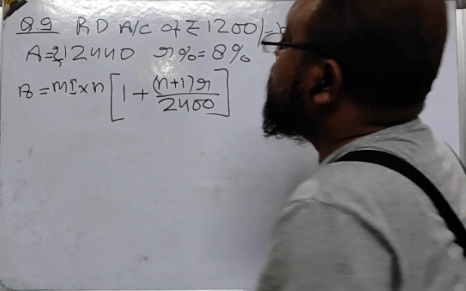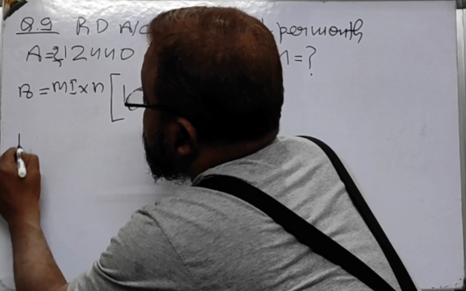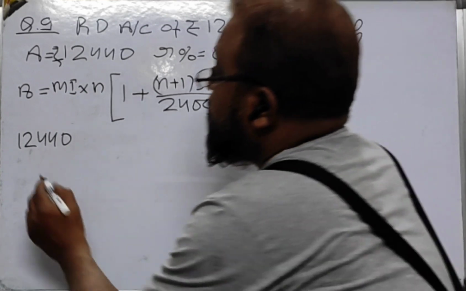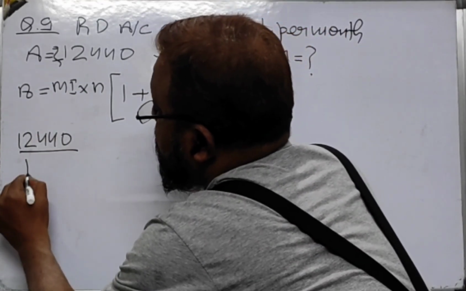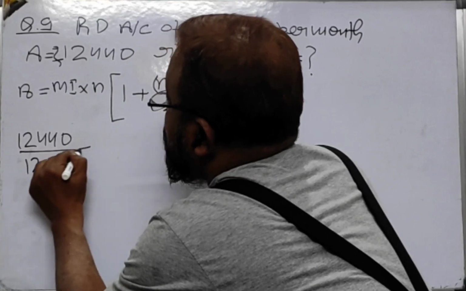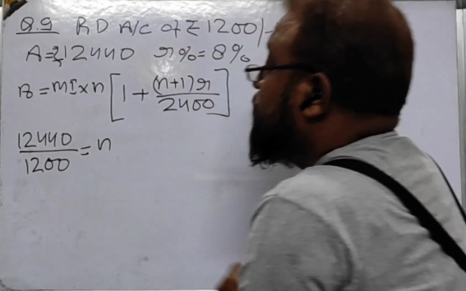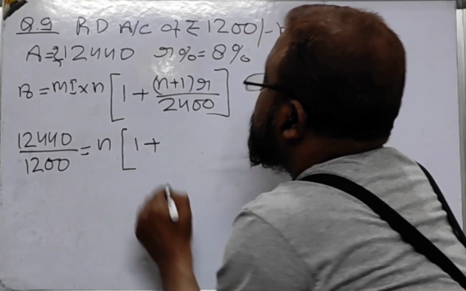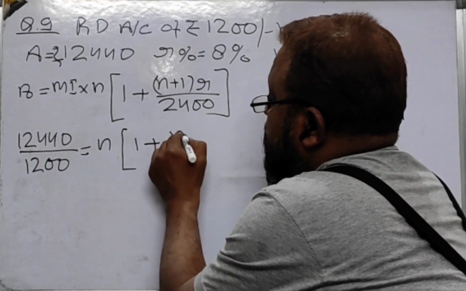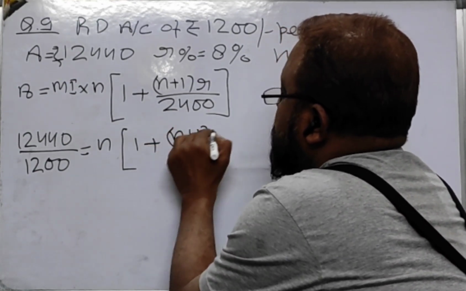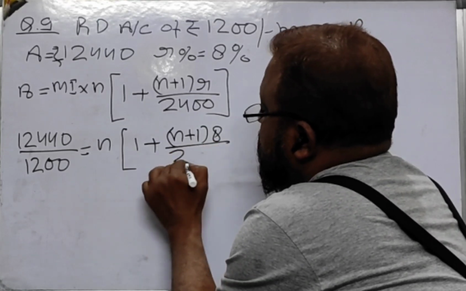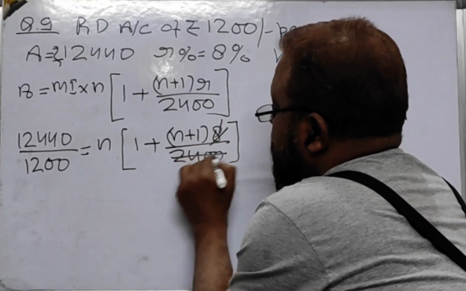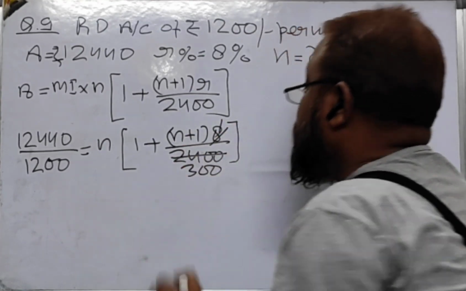So this is 12,440 and MI is 1200, so I bring MI on this side. 12,440 upon 1200 is equal to n bracket 1 plus n plus 1 into r, which is 8, upon 2400. 8 ones are 8, 8 threes are 24, so 300.